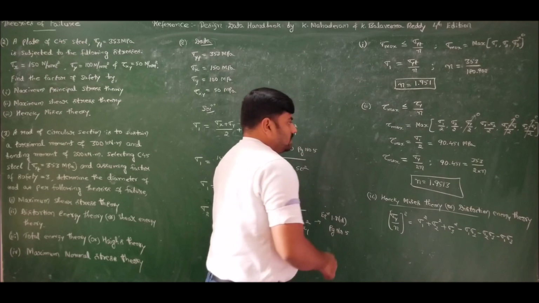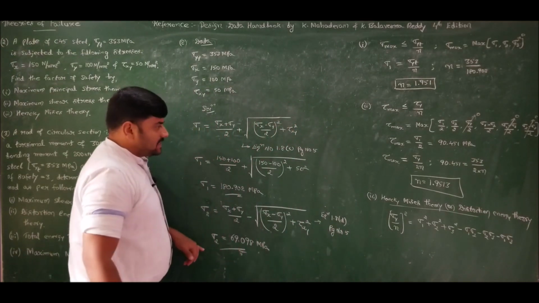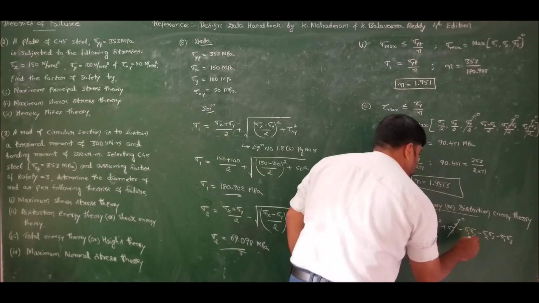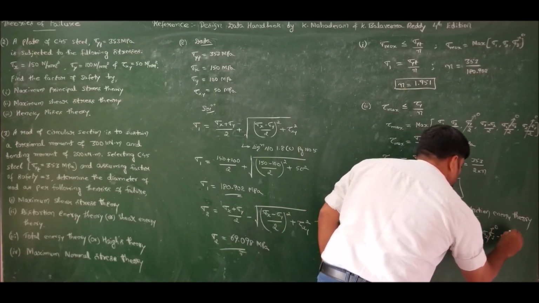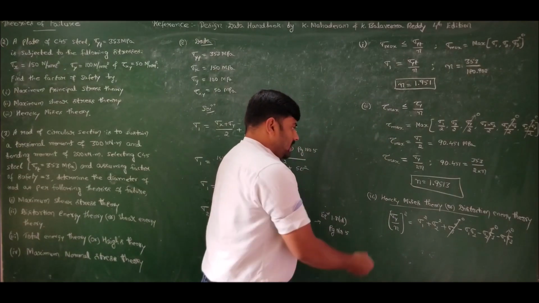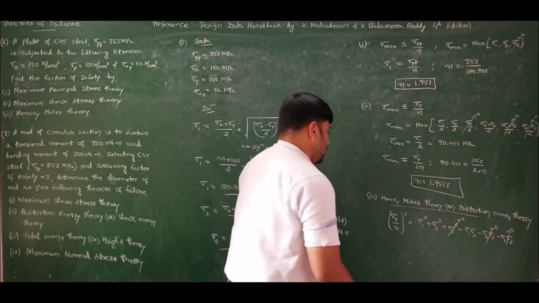Now for this system we have only sigma 1 and sigma 2. This is a biaxial stress system, so therefore sigma 3 is not there and sigma 3 is 0. If I substitute sigma 3 as 0, those terms will get cancelled. So directly I can find the value of n by substituting the values.